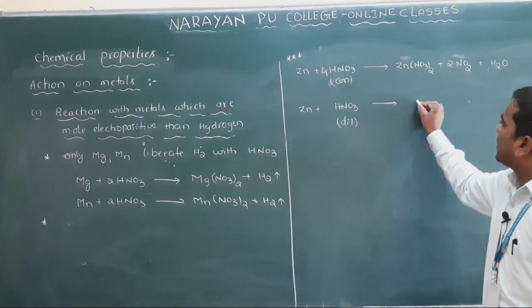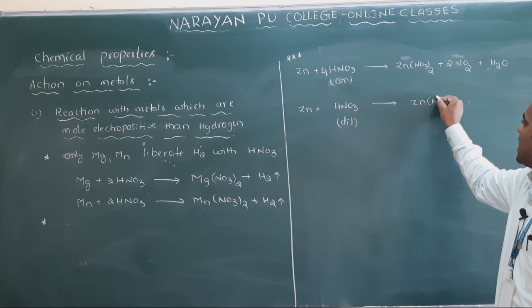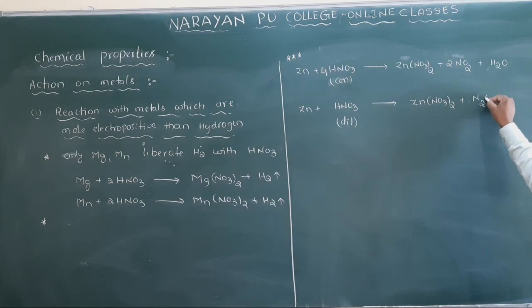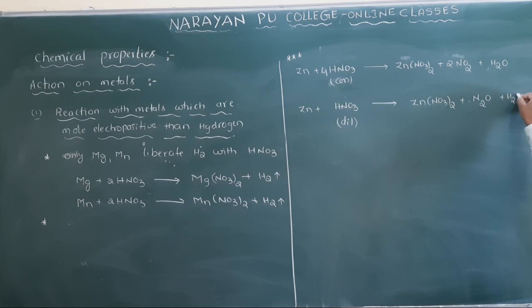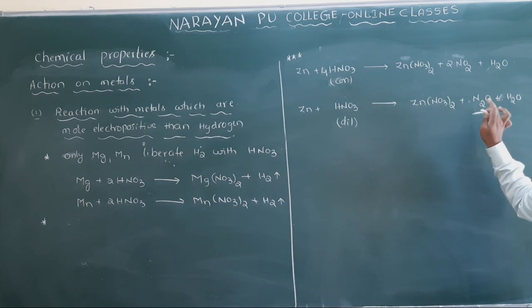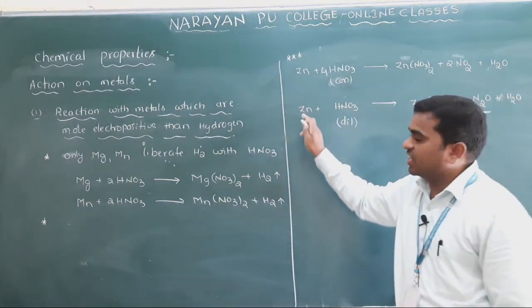Clear? So here the compound is the same, zinc nitrate, plus N2O plus H2O. Instead of NO2, what are you getting? N2O, nitrous oxide. Very, very important. N2O, not NO, only with zinc.